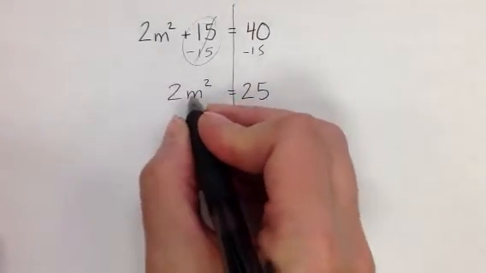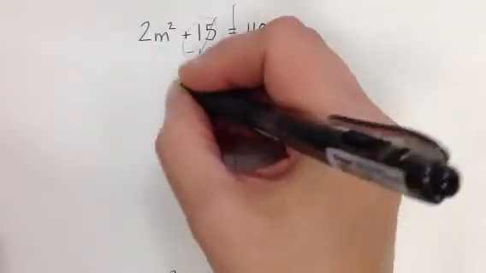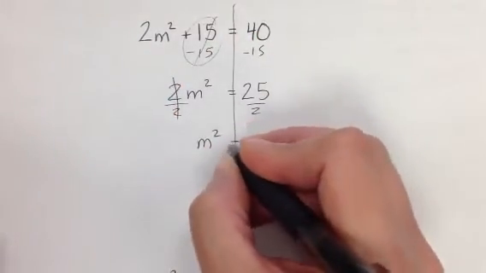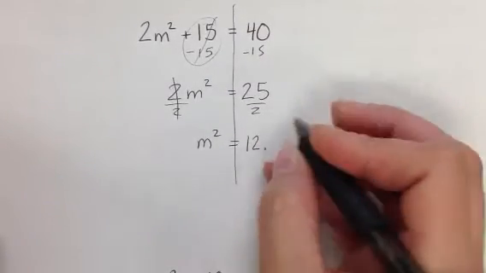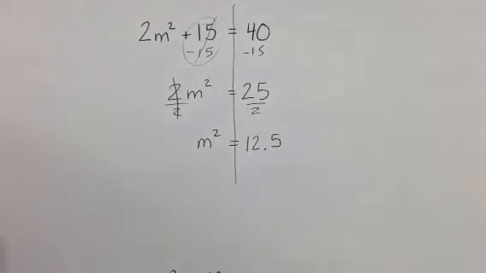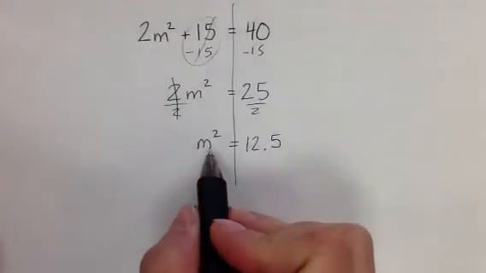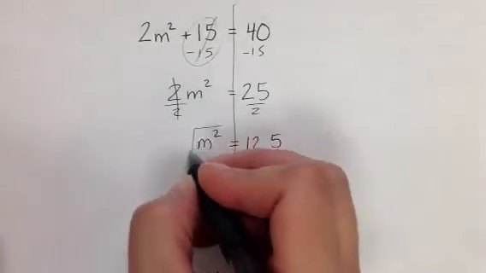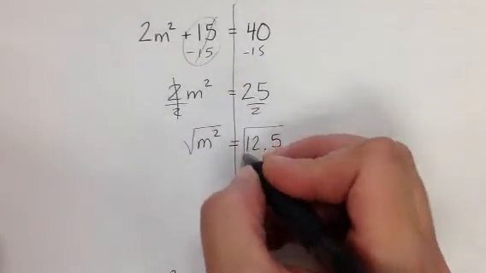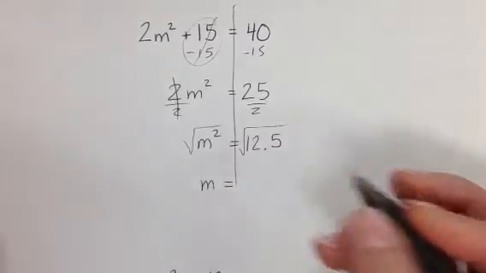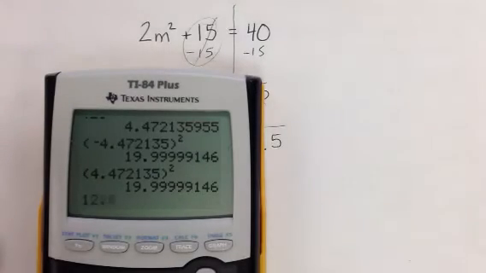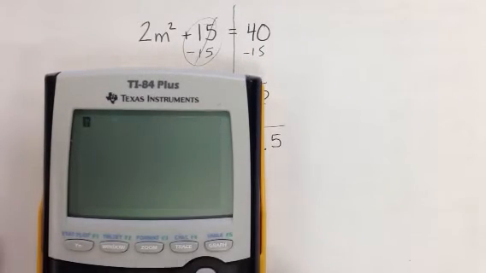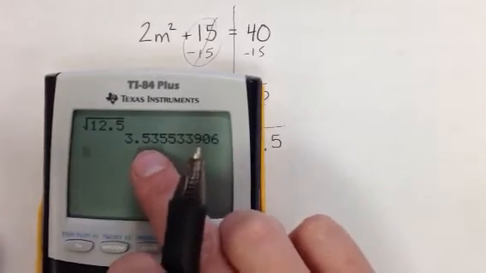Divide by 2, because 2 times m squared, so the opposite is divide. 25 divided by 2 is 12.5. Okay, and then the final step, it's always going to be the last thing you do here: square root, and remember that you have two possible solutions, positive or negative. Square root of 12.5, to the nearest tenth, would be 3.5.